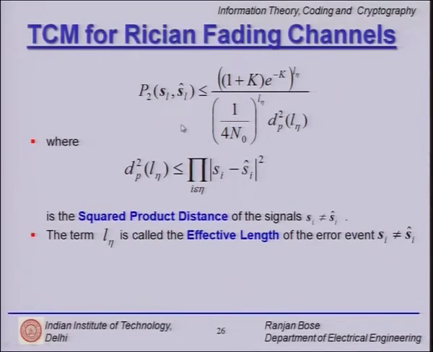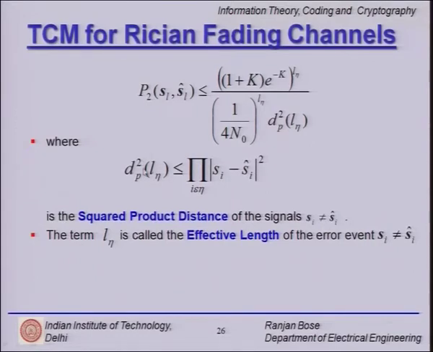So, it brings us to a very interesting conclusion. You can see that we have introduced this term d_p squared as a function of L_eta. What is d_p squared? d_p squared is the product of the squared Euclidean distance where i is an element of eta, all those paths where you do not have S_i equal to S_i hat.